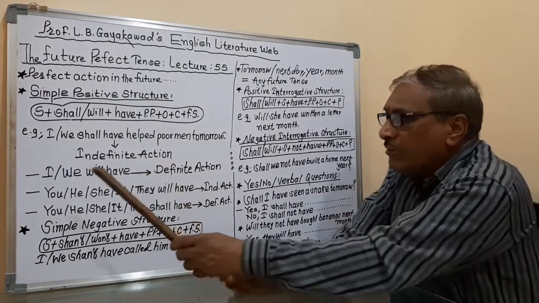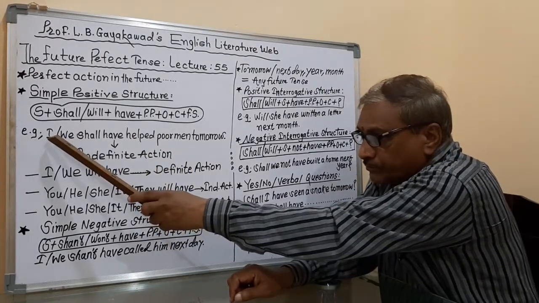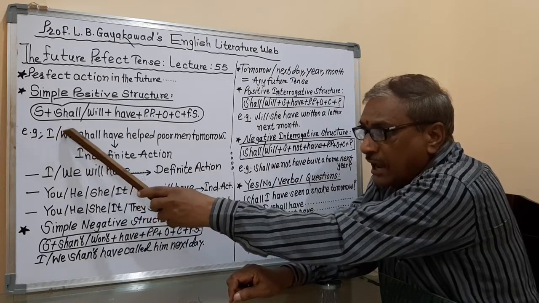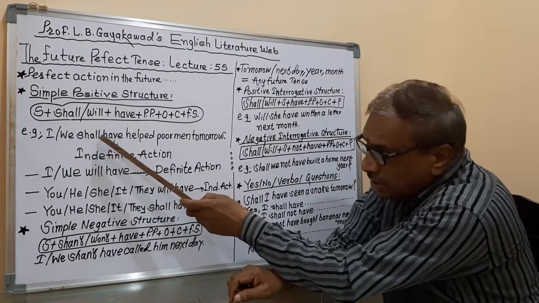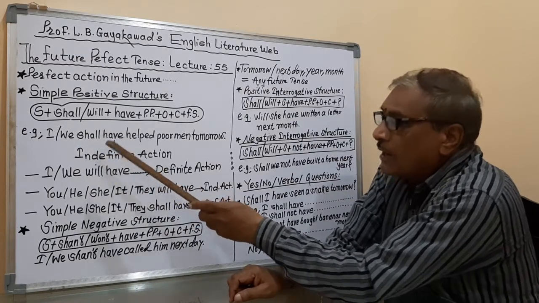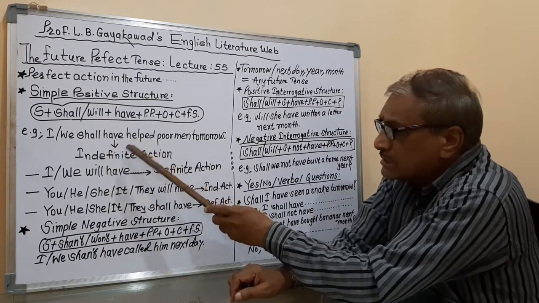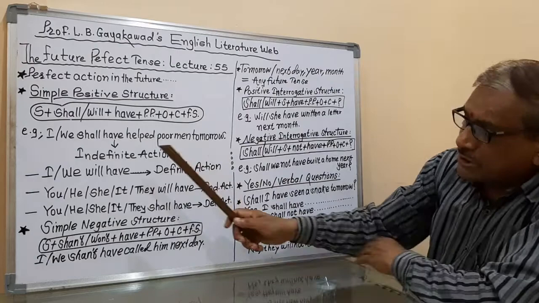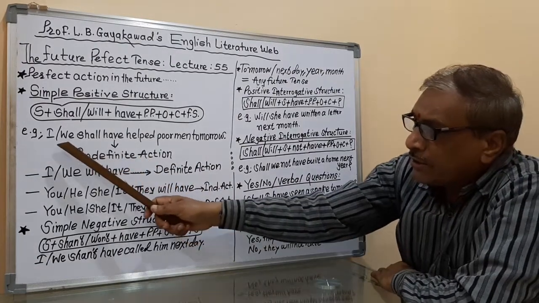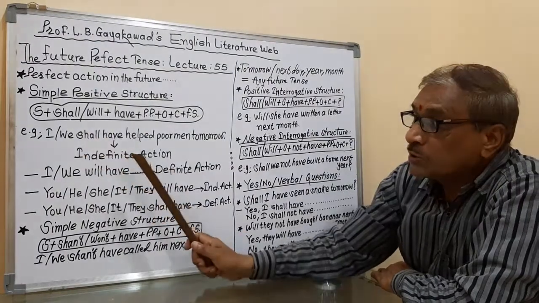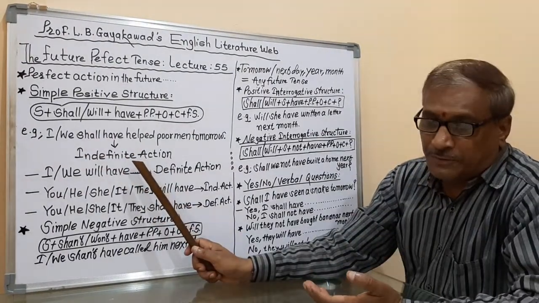Now when we begin the sentence with I and we, and we take shall and then have before them, such a sentence is called the indefinite action. Indefinite action means what? Here the subjects do not show the definite action.